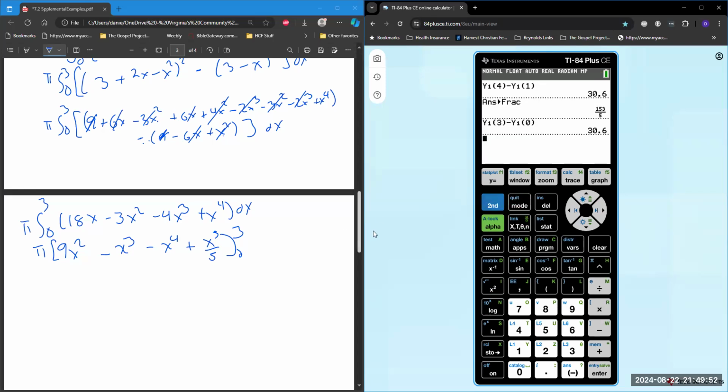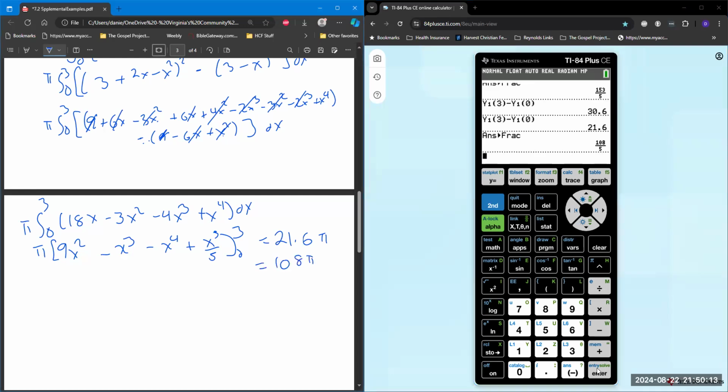And we still want the same x values from 0 to 3. So that is 21.6 pi, which is equal to 108 pi over 5.